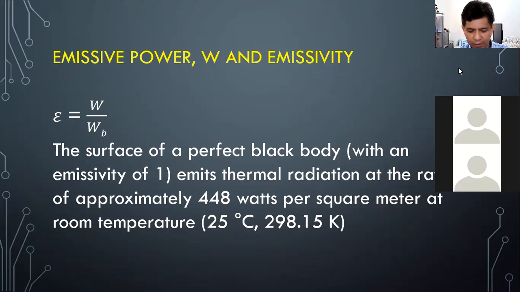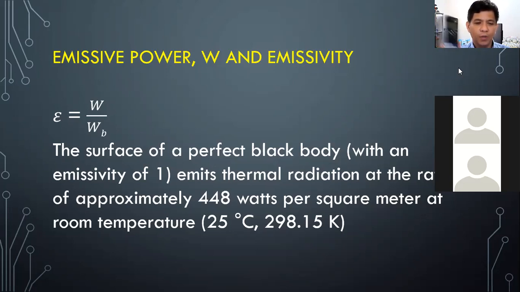So this is approximately, yung sigma natin is approximately 5.67 times 10 to the minus 8. Nakikita nyo sa calculator? Yung 5.67 times 10 to the minus 8. No? So in order to get that 448, ang unit kasi nito is watts per square meter per Kelvin to the fourth. Okay?